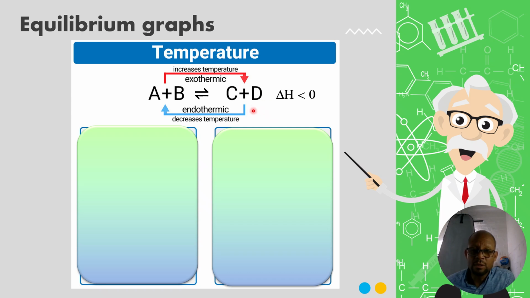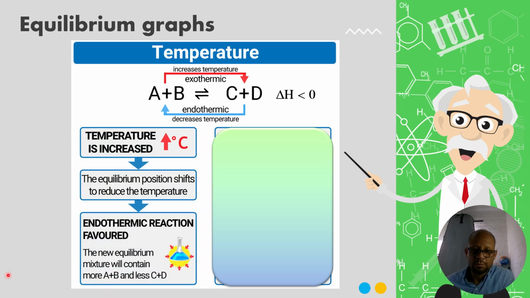And the endothermic reaction will be favored if you decrease the temperature of the container, and it means that the products will absorb the energy or the heat, and then it will favor the reverse reaction.